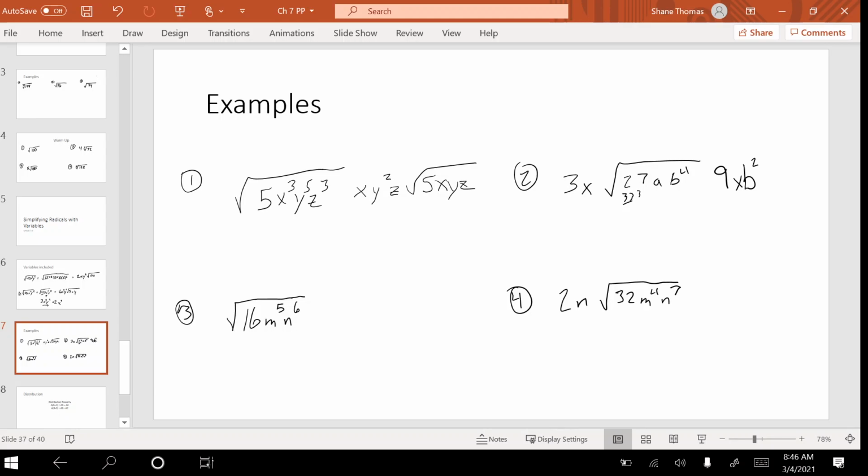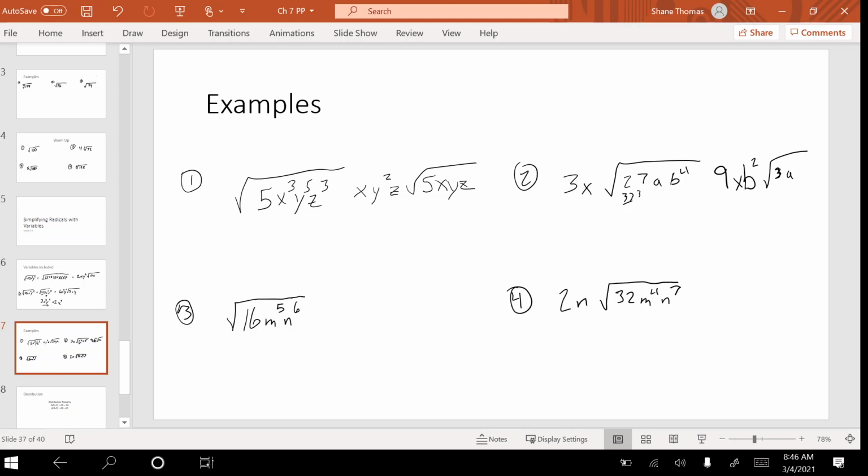It doesn't matter, it's multiplication. You could have 9xb squared, or you can have 9b squared x. You just have to make sure your big number is on the left. Then left on the inside, we should have a 3 and an A. Don't forget about the smiley face. And an A. All right, that one is correct as well.